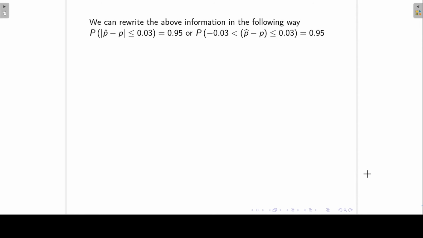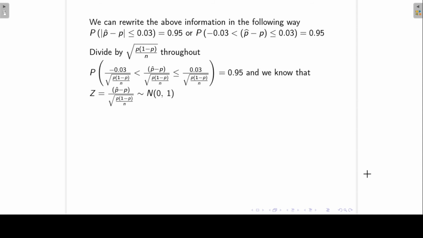Now you will probably recognize this process from when we determine the sample size if we want to set up a confidence interval for the population mean. We will next divide by the standard error throughout. Now the standard error for the sampling distribution of p hat is the square root of P(1 minus P) over n.